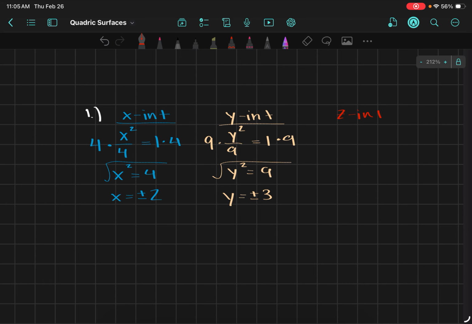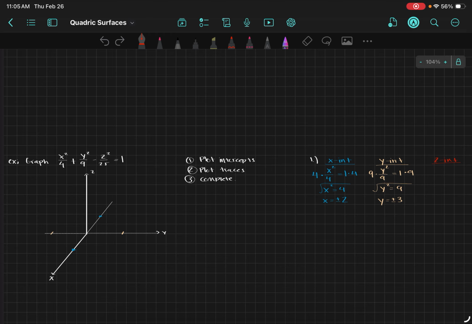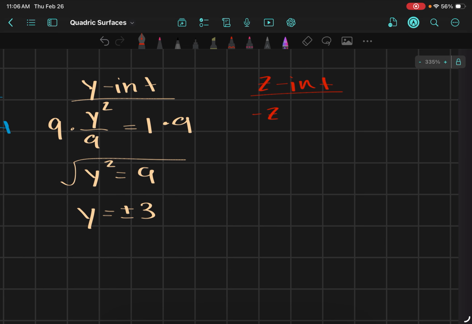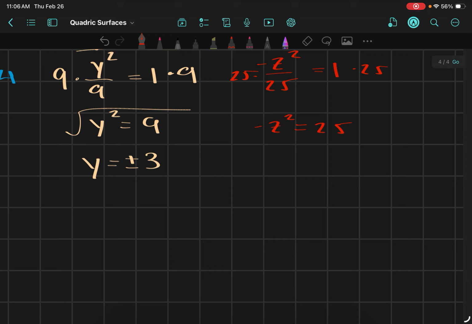Z-intercept, doing red. Spooky. For the z-intercept, x and y equal to 0. We now have negative z squared over 25 is equal to 1. We are going to multiply 25 out by both sides. We have negative z squared is equal to 25. Oh no. This is no solution.